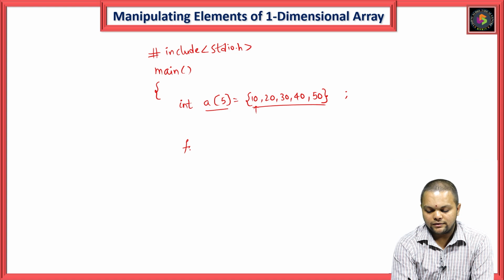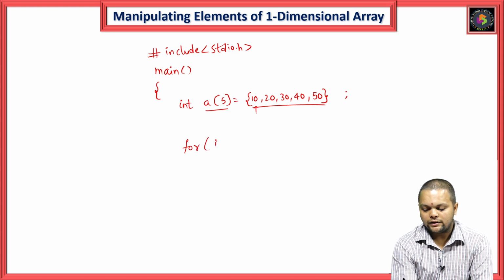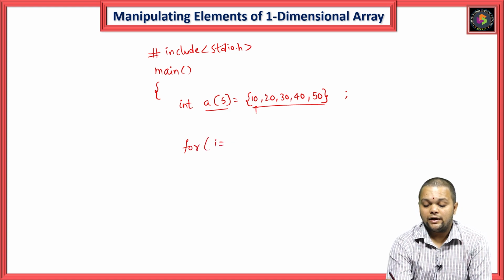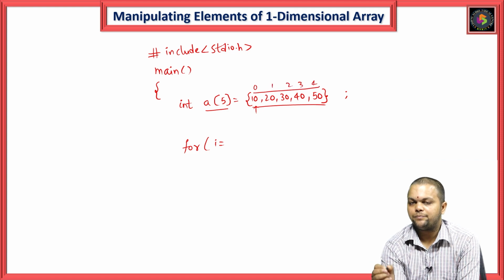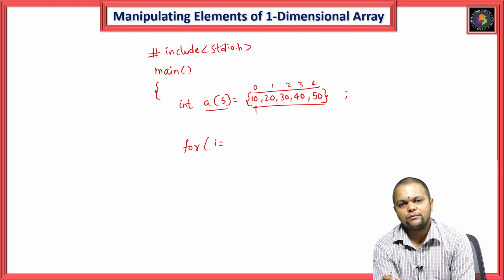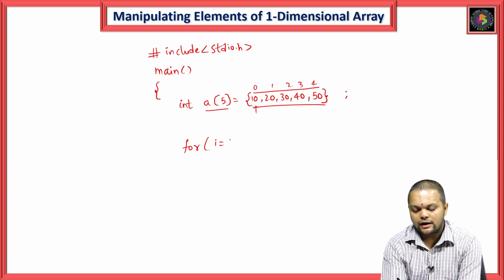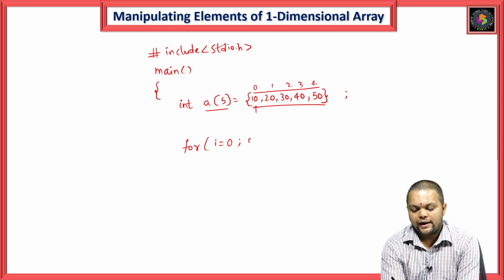So I'll take for i equal to, see, as the index number starts with 0, 1, 2, 3, 4, this is the index number of your array. As the index number starts with 0, I'll start i with 0. I'll give a semicolon. I need to stop i at 5.